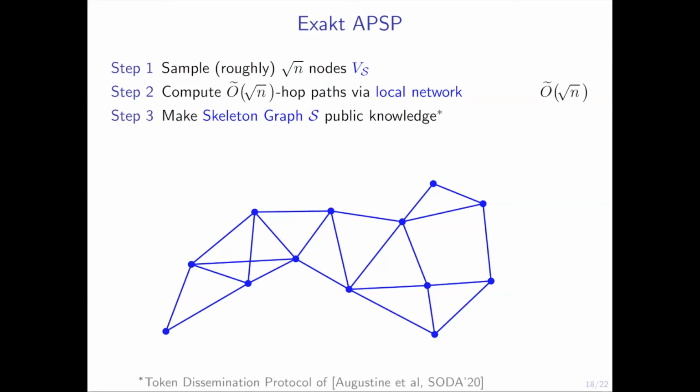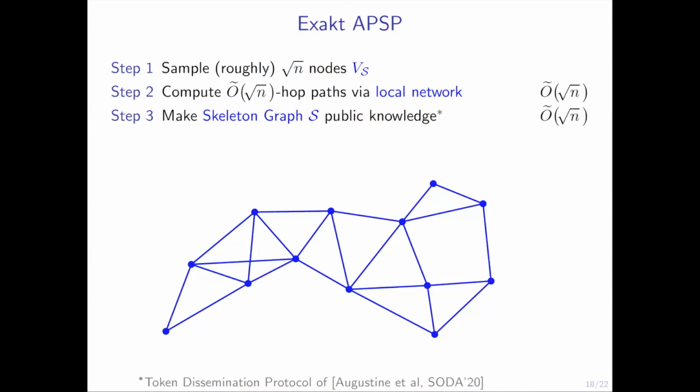Then in the third step, we make the skeleton graph public knowledge. This uses the token dissemination protocol from the paper by Augustine et al., where we can disseminate k tokens in square root of k rounds. Since the skeleton graph now has at most n edges, we can make those edges public knowledge in square root of n rounds.